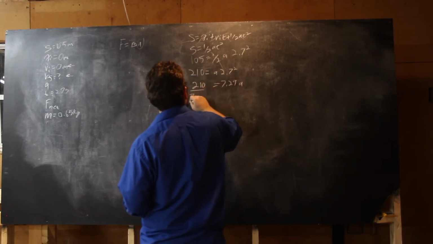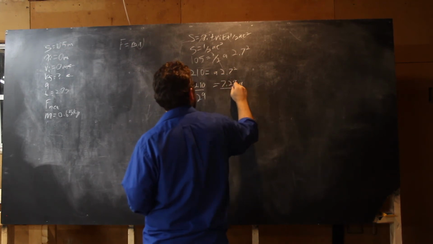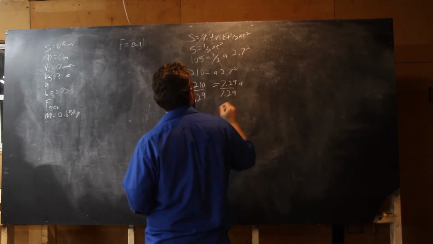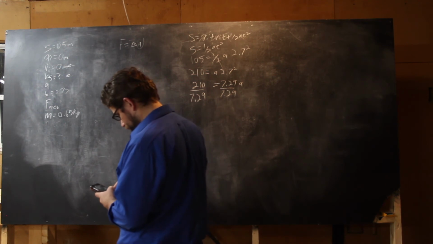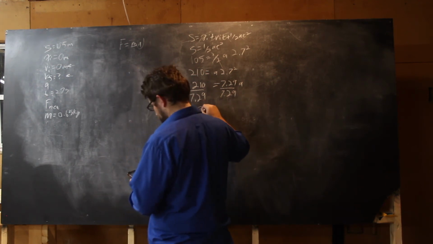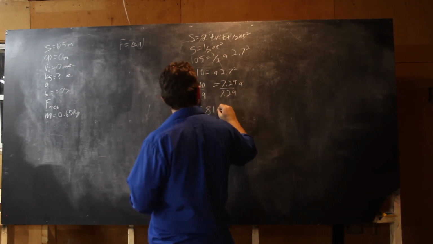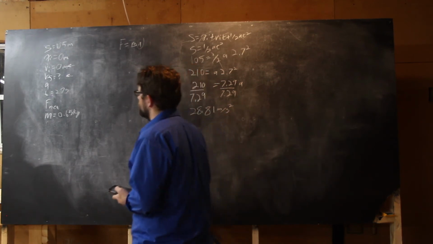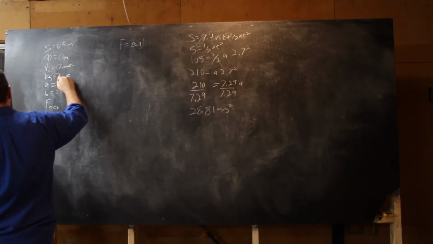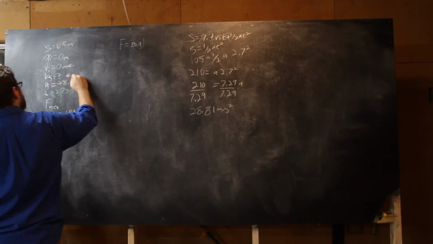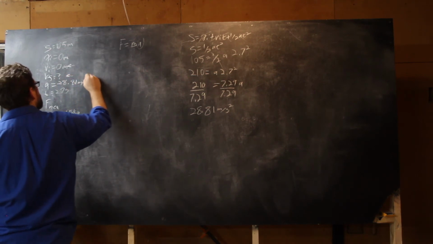And we're going to divide both sides by 7.29. That's going to get us 28.81 meters per second squared. So our acceleration is equal to 28.81 meters per second squared.